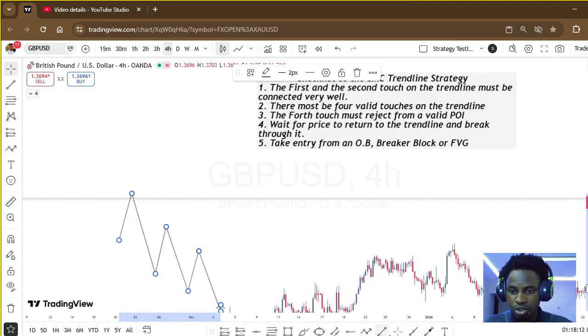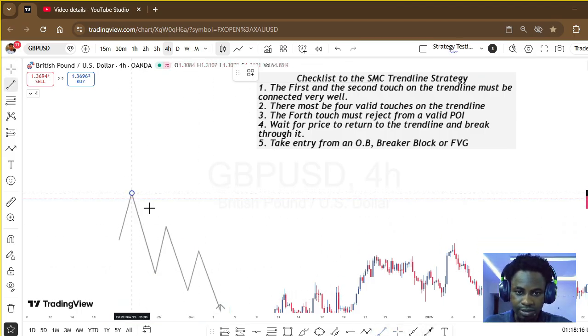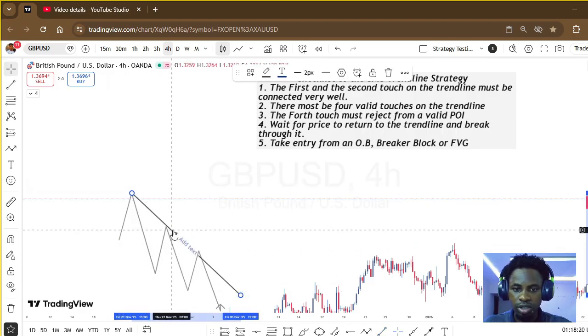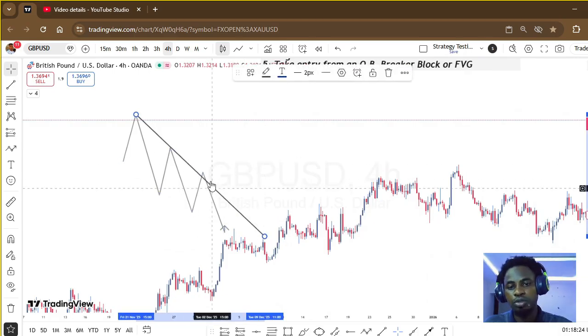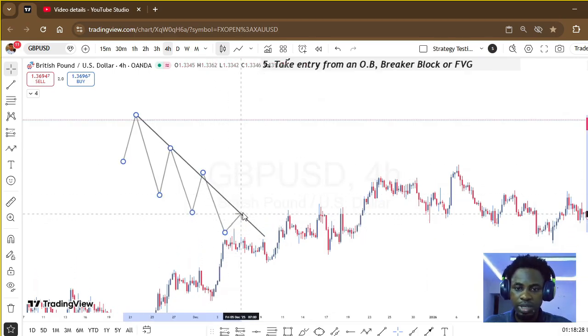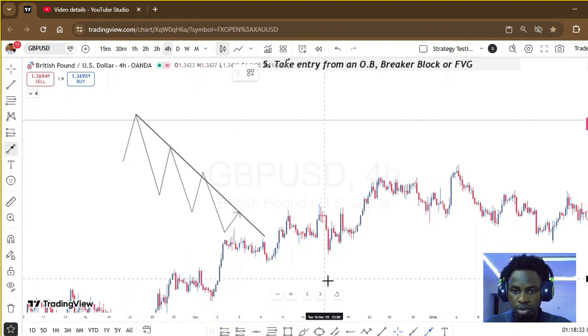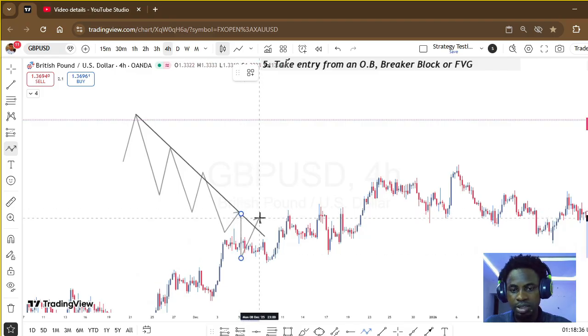Take your trend line tool and connect the first and the second one very well like this, then leave it. No matter what price is doing after that, so long as it's still trading below it, it's still very, very accurate. The price might continue like this, then go down like this again, and this is where we are interested in getting in.